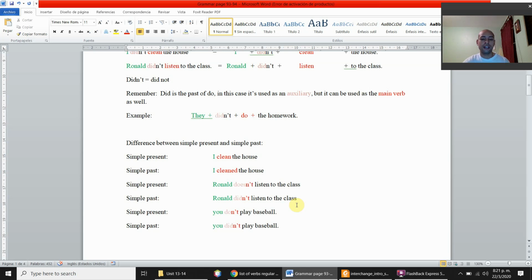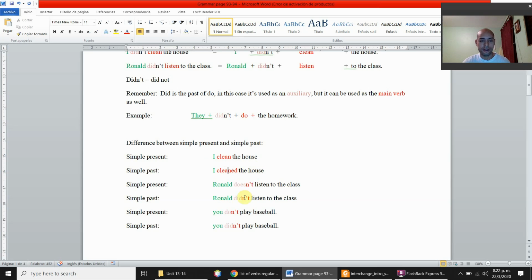So as you can see, they are very similar, but with the simple present, we use the subject, the normal form of the verb, and the complement. In the simple past, subject, the verb in its past form, and the complement.